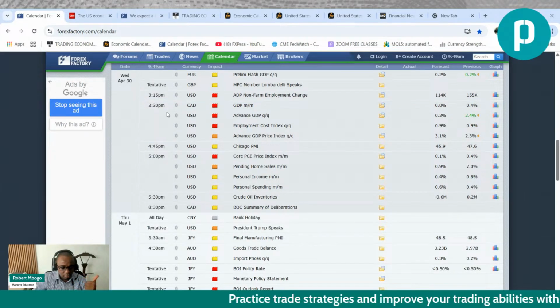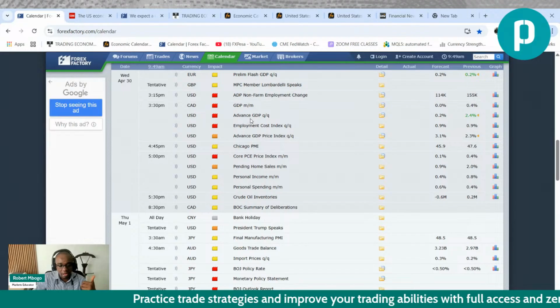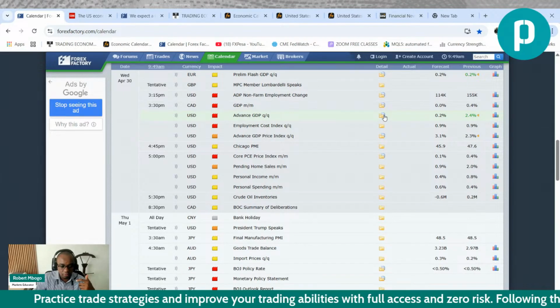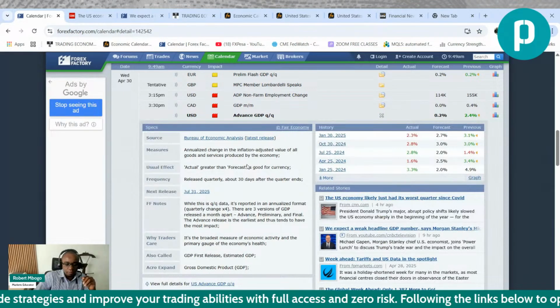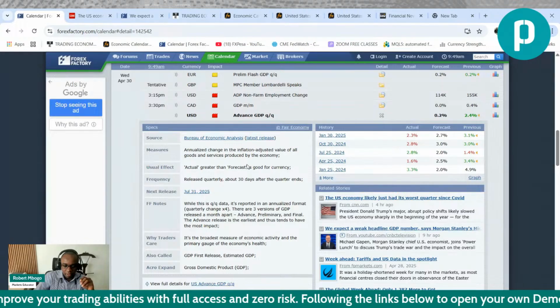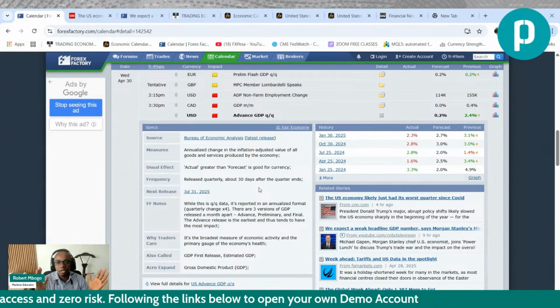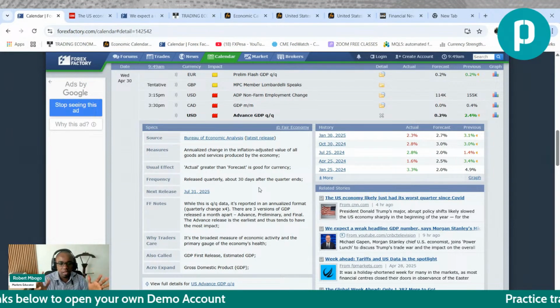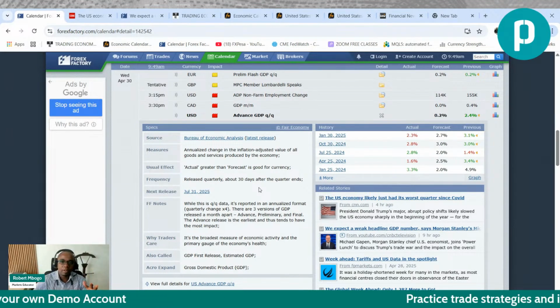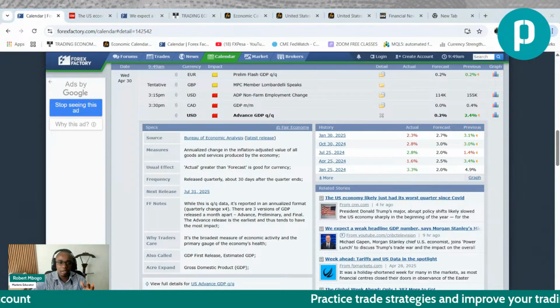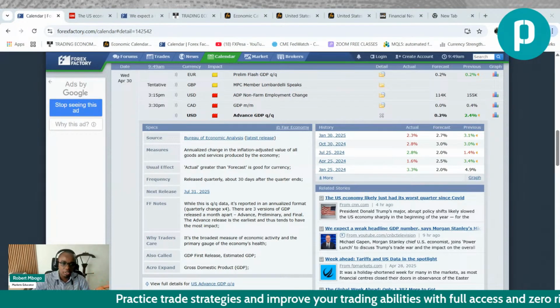Let's look at 330. Also, we'll be looking at the advanced GDP. This is very important because it's a quarterly thing, and here we want to see. We've just seen 100 days of Trump's presidency. In the initial 100 days, we've seen havoc in the markets because at the end of the day, Trump was very clear, he's coming in with an America first policy, right?